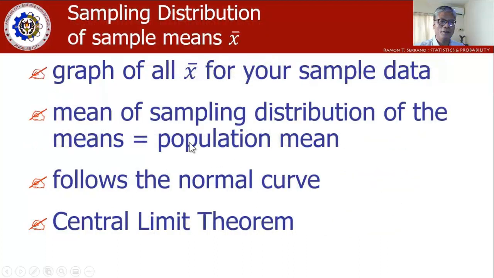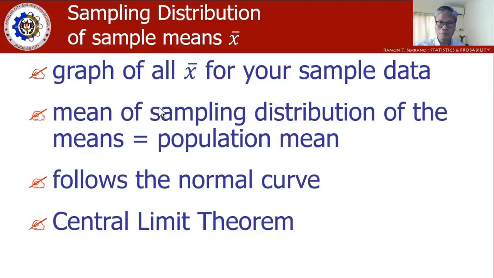Okay? So that is one example, here is another one. This time, the sampling distribution of the sample means. Now, those are two different things, right? The first one is for all the samples. Okay? And the next one is for the sample means. Meaning to say, I can have the average height in your section.